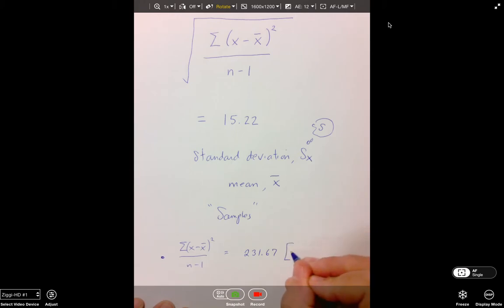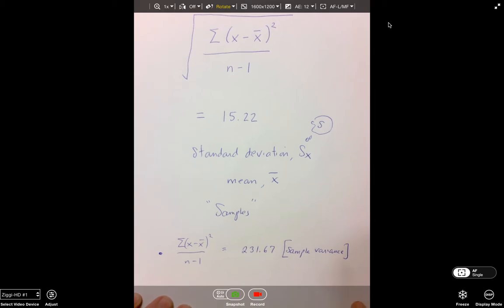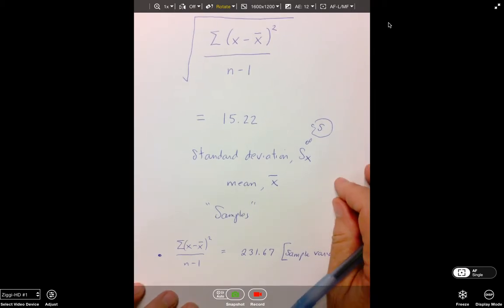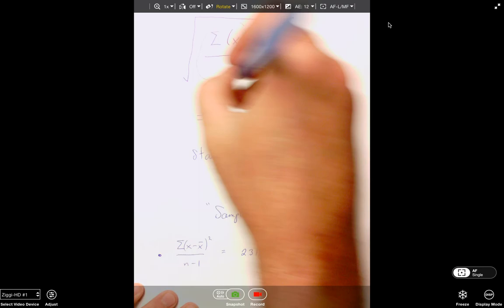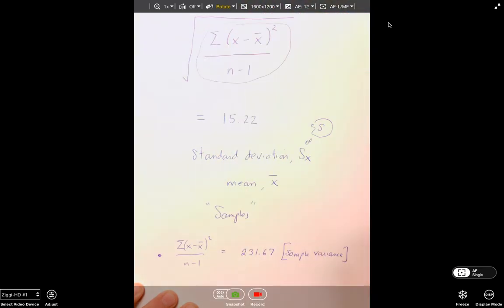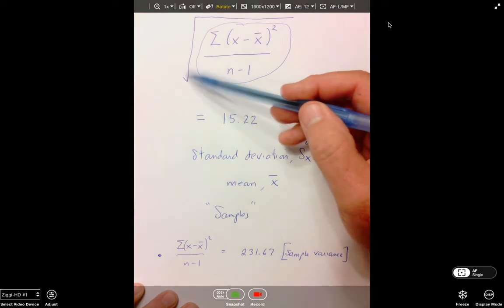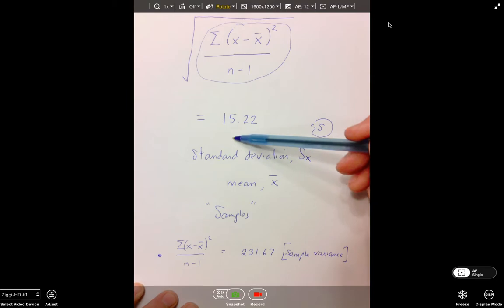Guys, we call this the sample variance. So the number underneath the square root, this part right here, we call the variance. And in our problem, the variance is 231.67. Once we take the square root of that number, we create what's called the sample standard deviation.